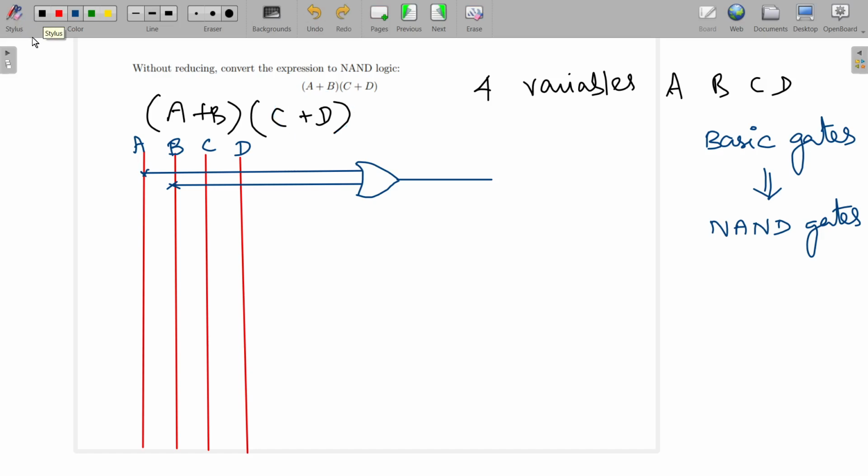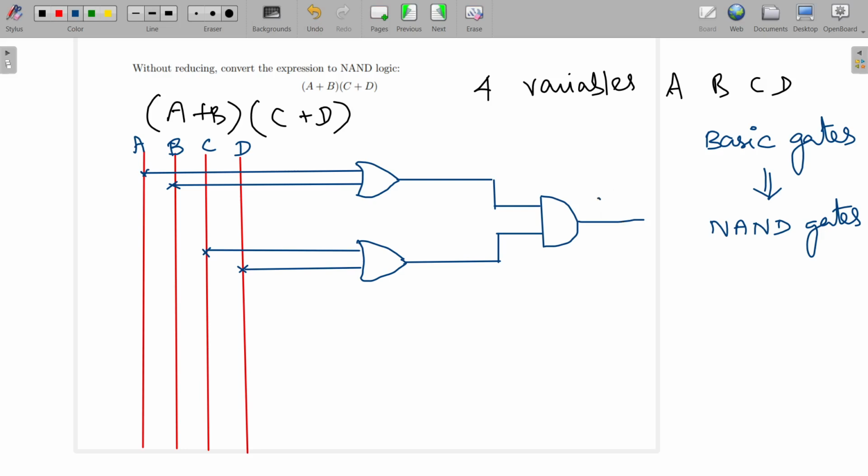C and D are combined using plus, so we take one connection from C, another from D, and use an OR gate. Then these two are combined using the dot product, so it can be implemented using an AND gate. This is your output. So this we have done using basic gates.